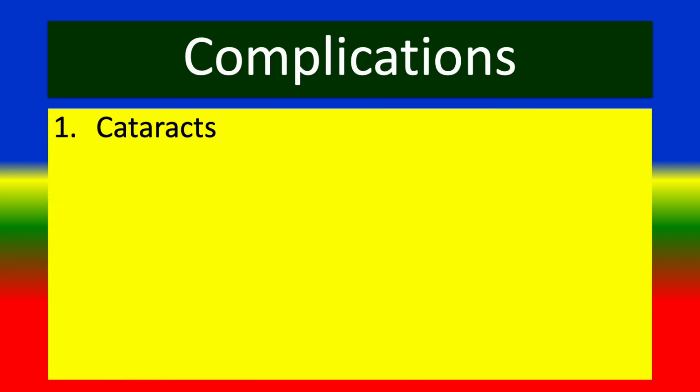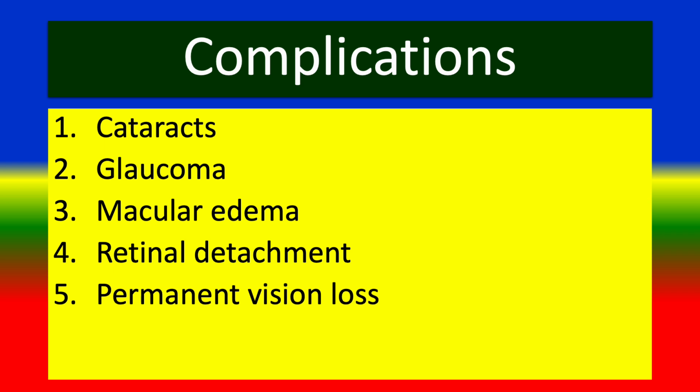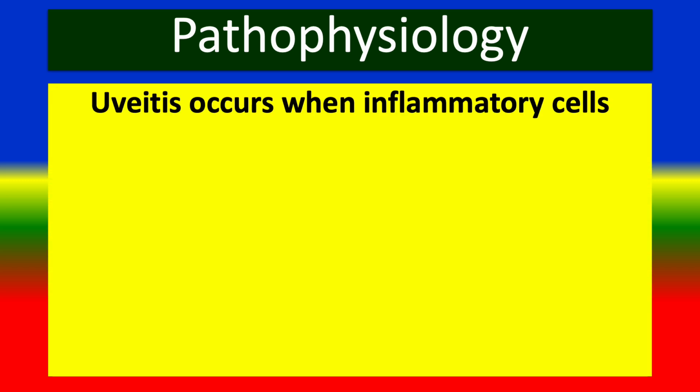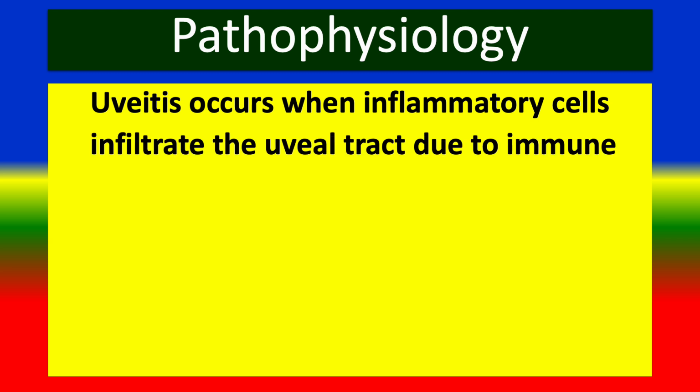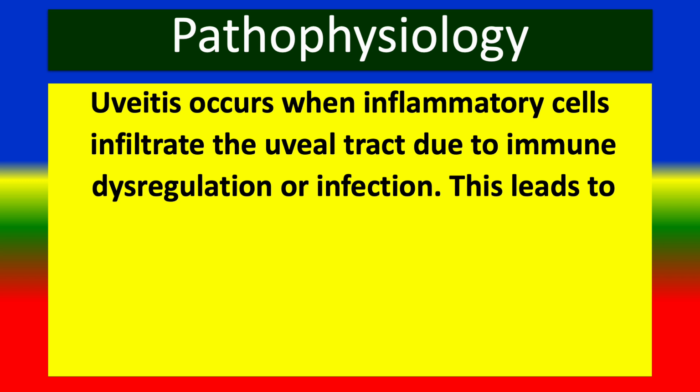Complications: 1. Cataracts. 2. Glaucoma. 3. Macular edema. 4. Retinal detachment. 5. Permanent vision loss. Pathophysiology: uveitis occurs when inflammatory cells infiltrate the uveal tract due to immune dysregulation or infection.